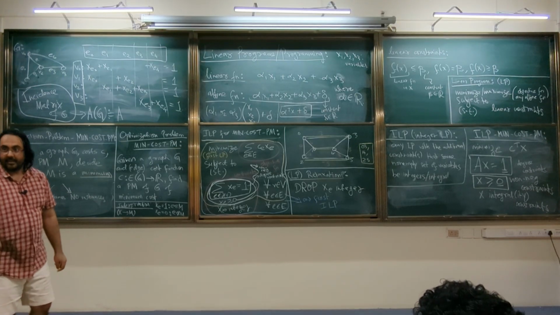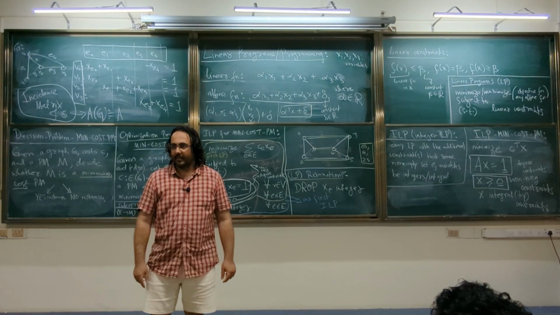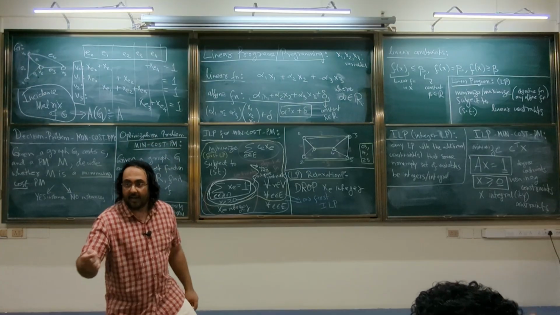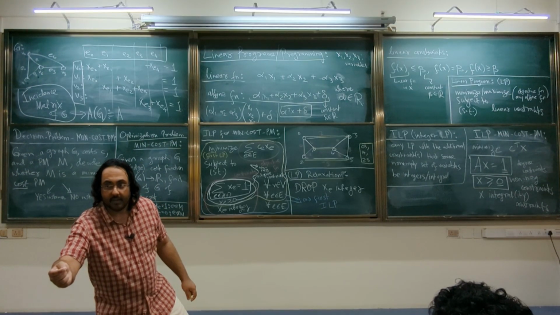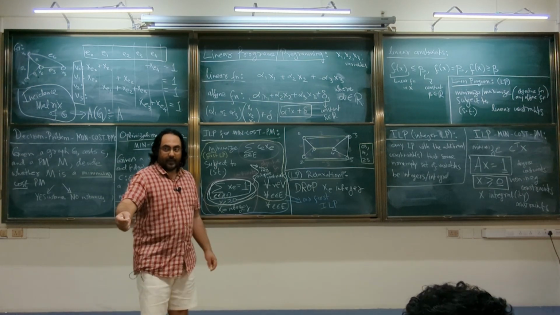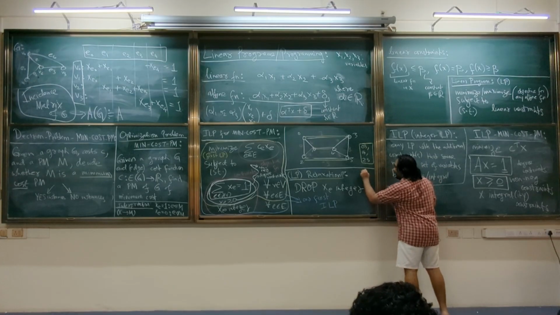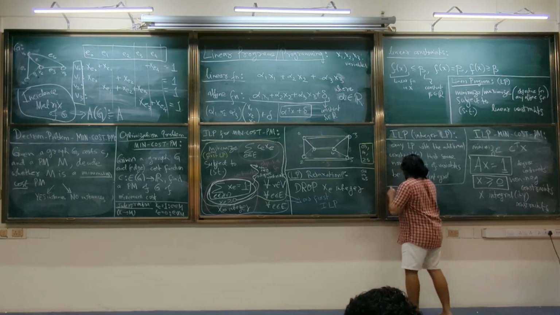Okay, no? No instance. Can you convince everybody that it is a no instance? How will you convince everyone? There is another perfect matching. Okay, what is that? 0, 2, 1, 4 and 3, 5. I'll just write it down.